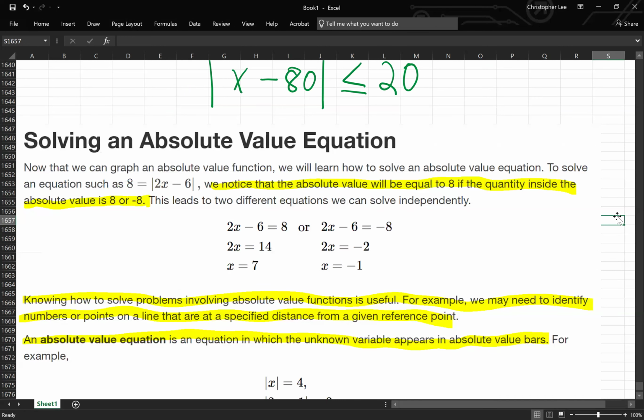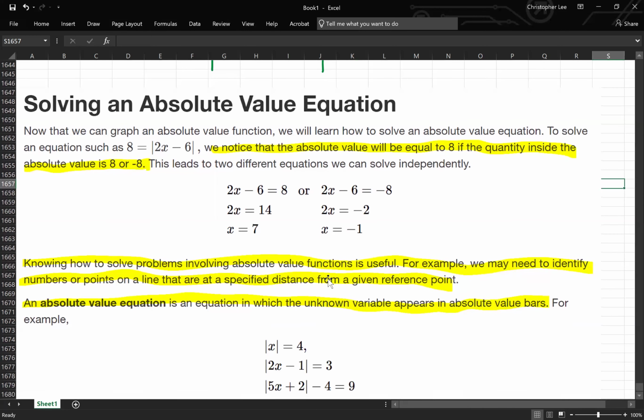To solve an equation such as 8 is equal to the absolute value of 2x minus 6, we notice that the absolute value will be equal to 8 if the quantity inside the absolute value is 8 or -8. This leads to two different equations that we can solve independently. So we have 2x minus 6 equals 8, or 2x minus 6 equals -8. Little math, and we get x equals 7, x equals -1.